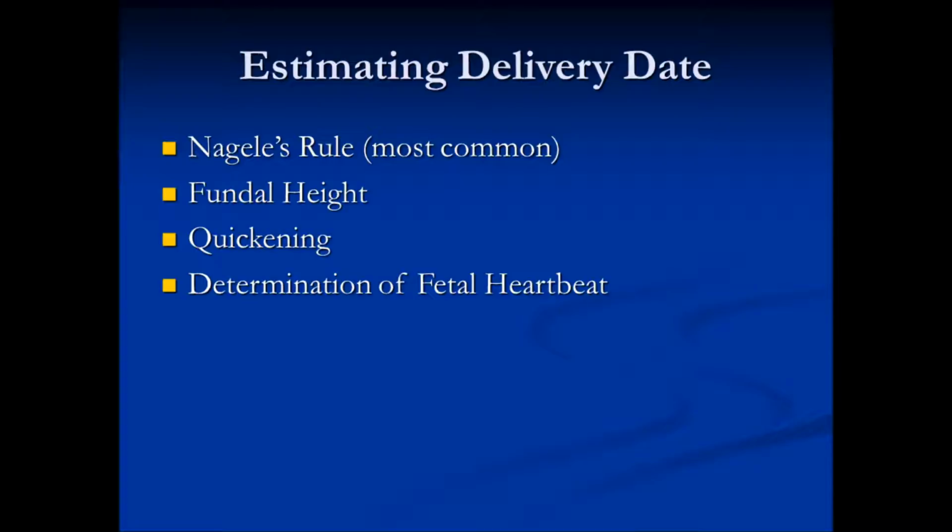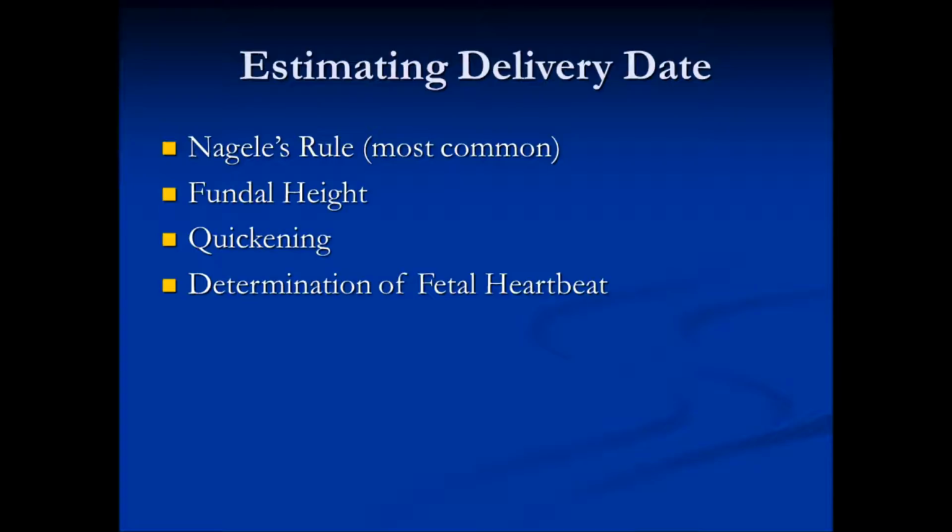Last but not least, you can use fetal heartbeat as an indicator of when baby is due. The fetal heartbeat can be heard as early as week 16, but is nearly always heard no later than week 20. They use a Doppler to hear the heartbeat, and the heartbeat can be detected much earlier with a Doppler, as early as 8 weeks.